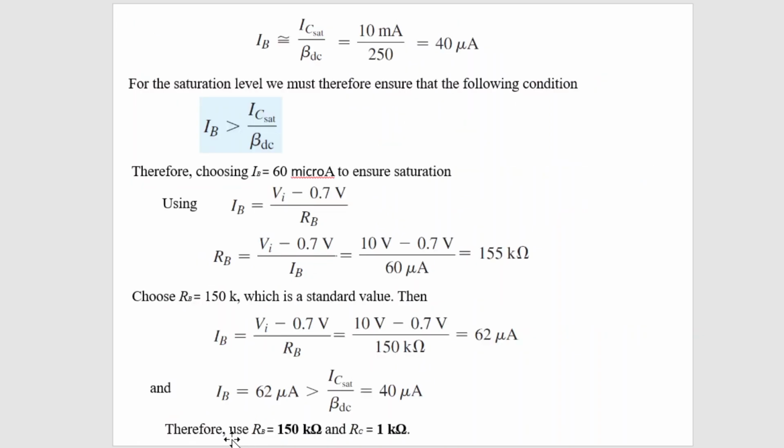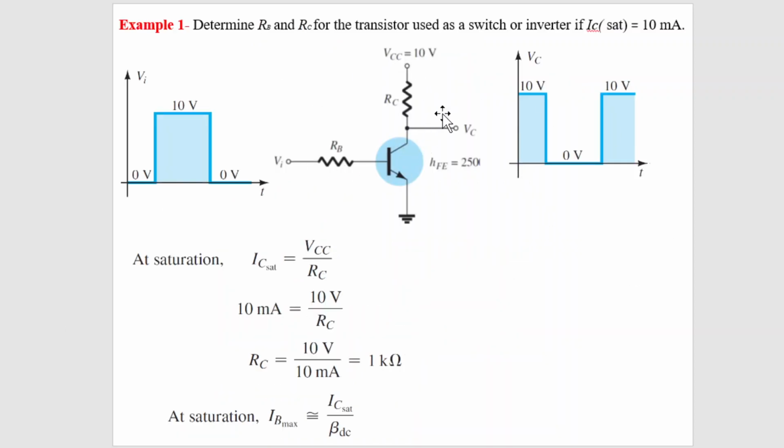Therefore we can say the use of 150 kilo ohm base resistance and 1 kilo ohm collector resistance will put the transistor as an inverter, so this circuit will be satisfied.